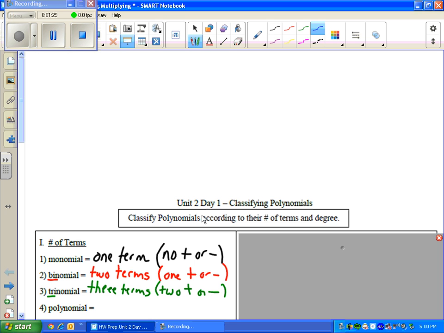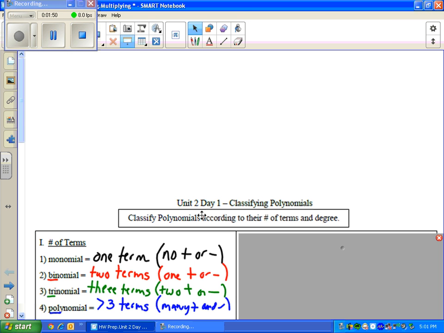And lastly, for polynomial, poly is a prefix that means many. It means you're going to have more than 3 terms. So I'm going to say greater than 3 terms, and we'll just have many pluses and minuses.